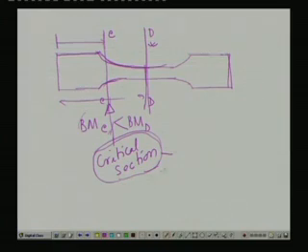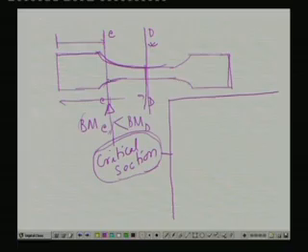Now, what we know first of all is what should be the modifications of the stress concentration factors arising at C due to this change of the dimensions.